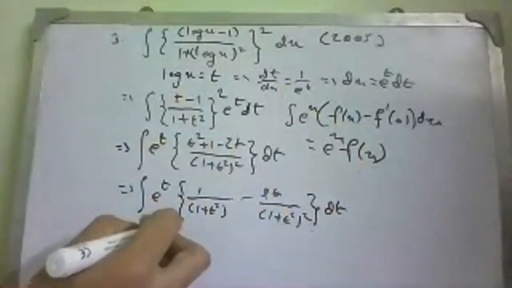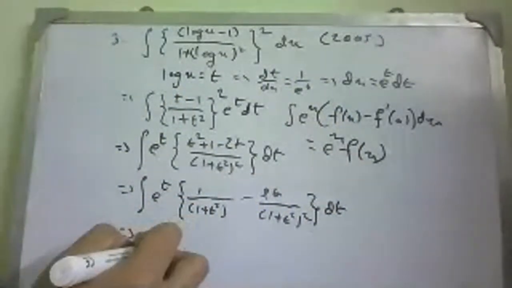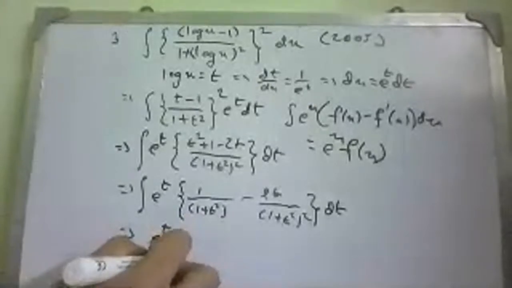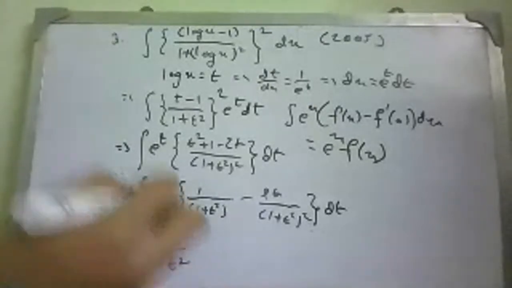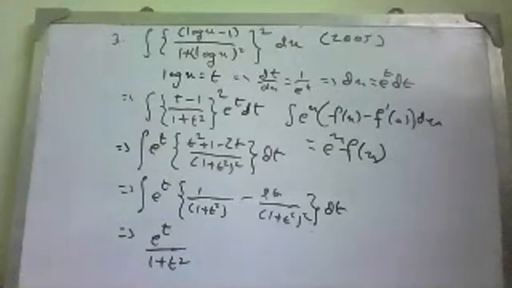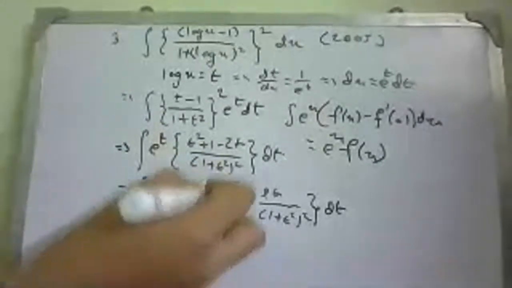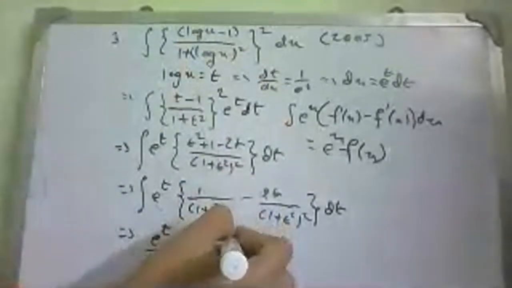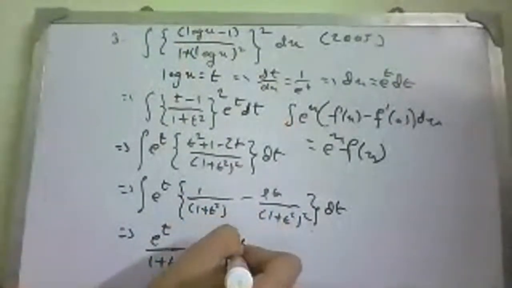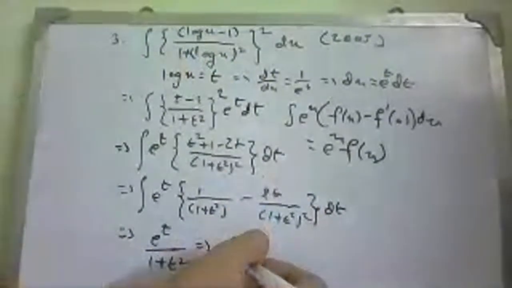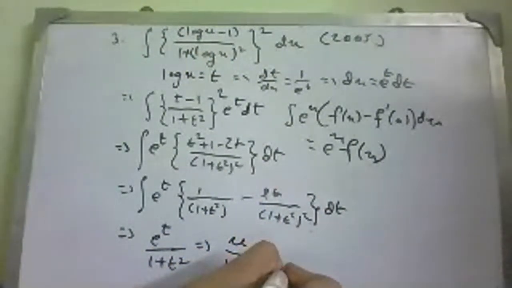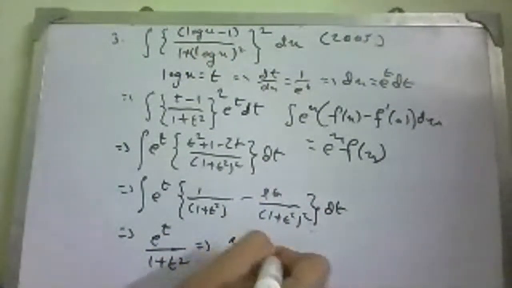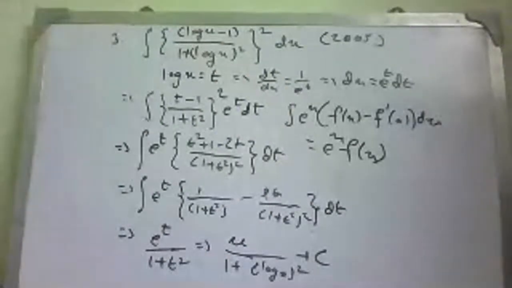So the answer is e to the power t over 1 plus t squared. And we know that t is natural log of x. So it is x over 1 plus log of x squared plus c.